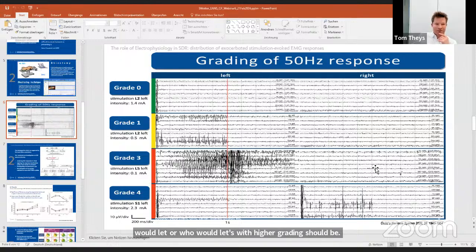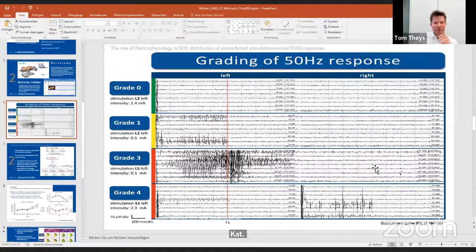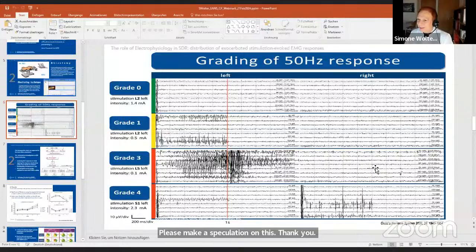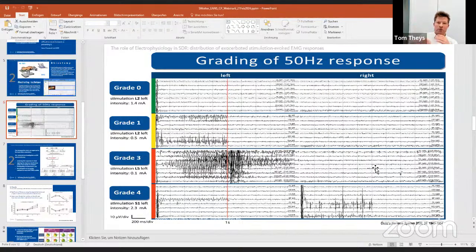Two more questions. Will the study of EMG response in SDR be effective in young adults with CP? Please make a speculation on this. We had only children, so I don't know. What is the upper age limit in your experience, more or less?